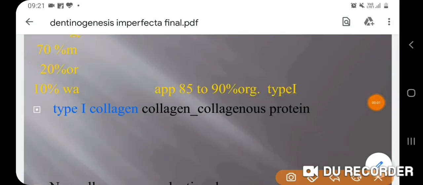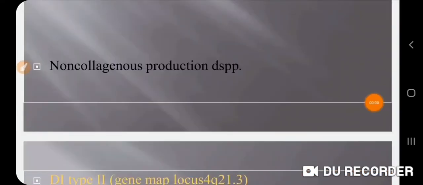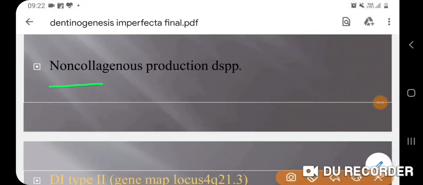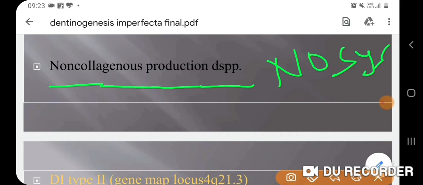This is all about the collagen production by COL1A1 and COL1A2 genes, and these mutations lead to Shields type 1. Now, what is the etiology of Shields type 2, where there is only dental anomaly and no systemic disorder involved? And what is the reason behind that?